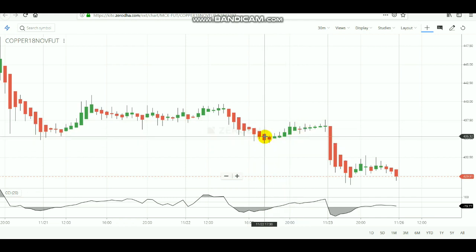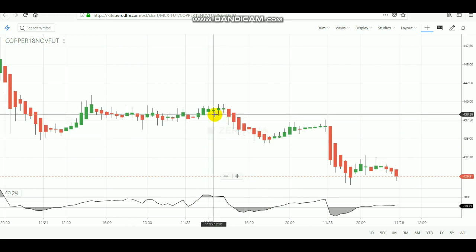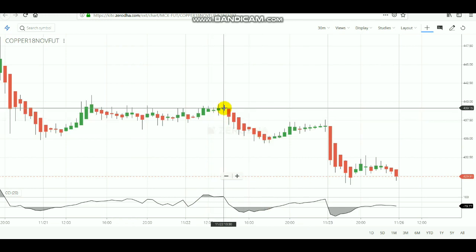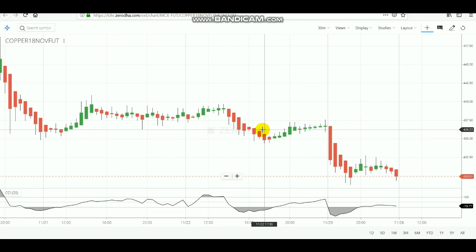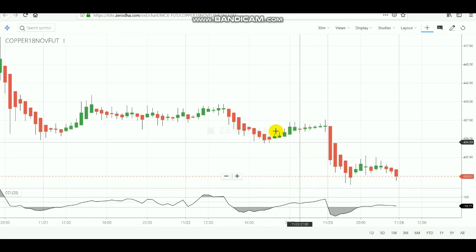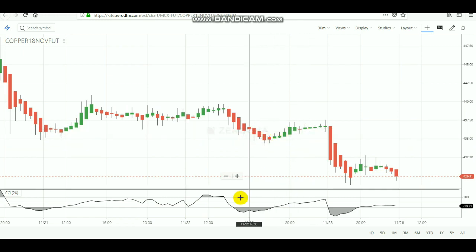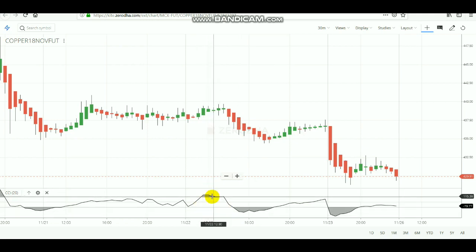If the overbought zone appears, the market is going to reverse, and going more oversold means the market is going to reverse too. So this CCI indicator is very helpful in identifying those overbought and oversold zones, and we can use them to trade intraday.